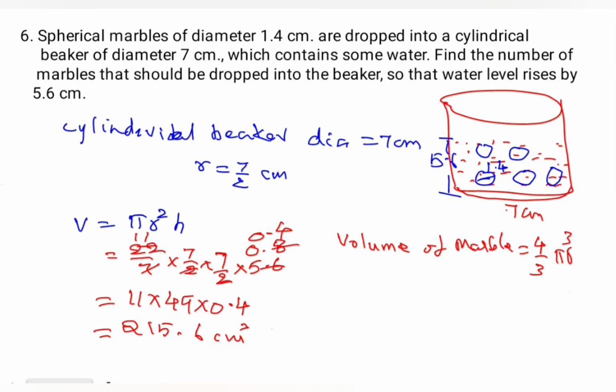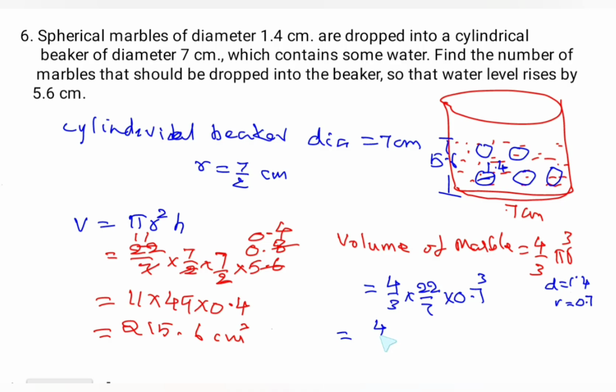This equal to 4 by 3 into 22 by 7 into the radius cubed. The radius of this marble is, the diameter is 1.4, d is equal to 1.4, then r equal to 0.7 centimeters, 0.7 centimeter cube.